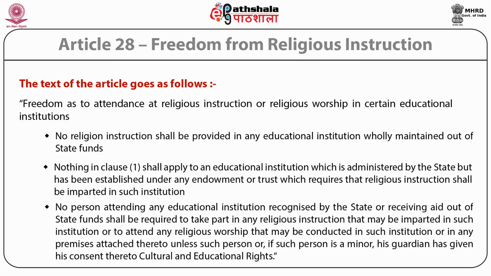What that essentially means is that if you are attending a government school, you cannot be compelled to take part in any religious instruction. So again, if this wealthy benefactor who belongs to the Buddhist faith insists that religious instruction be imparted at a school set up under an endowment, then the children of that school have every right to refuse religious instruction.